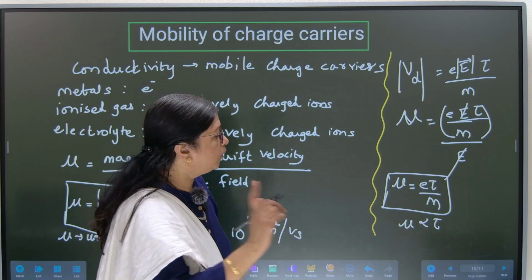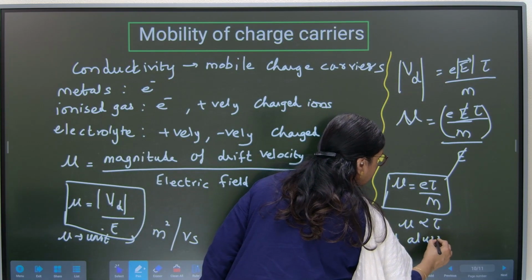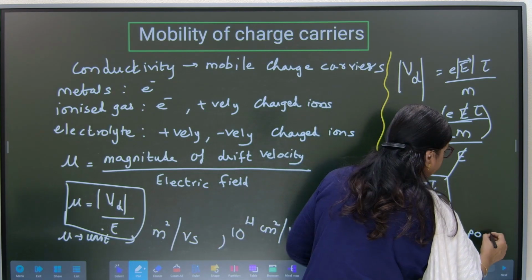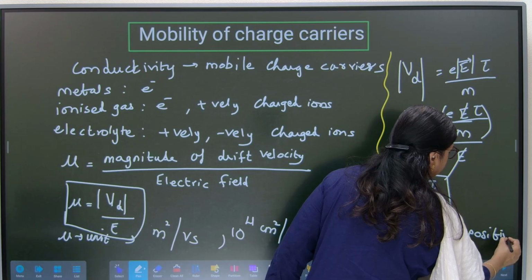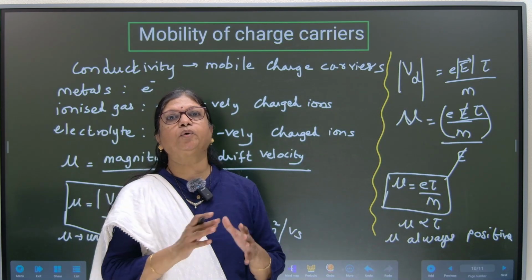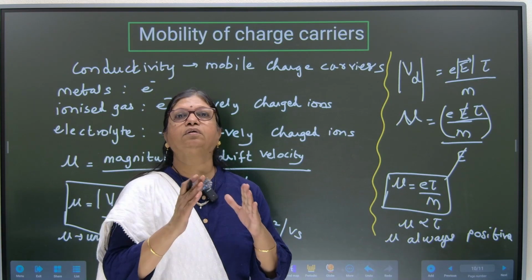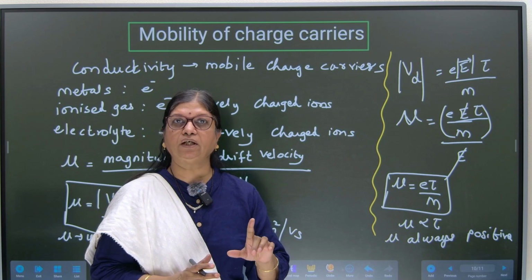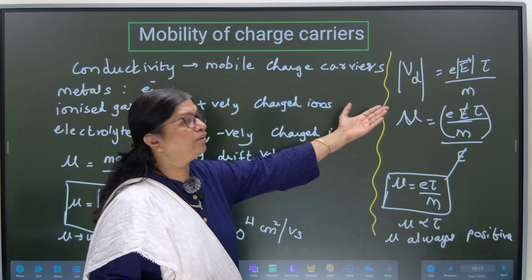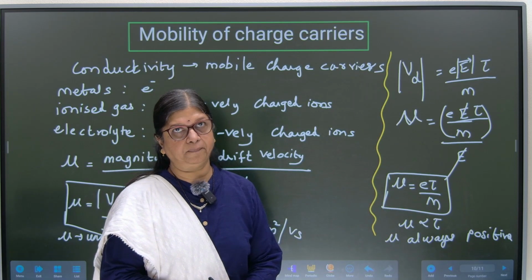Fine. Mobility is always positive because we are talking about only the magnitude part. So mobility is Vd upon electric field given to the conductor, and when we substitute Vd, we get mu is equal to E tau upon m.